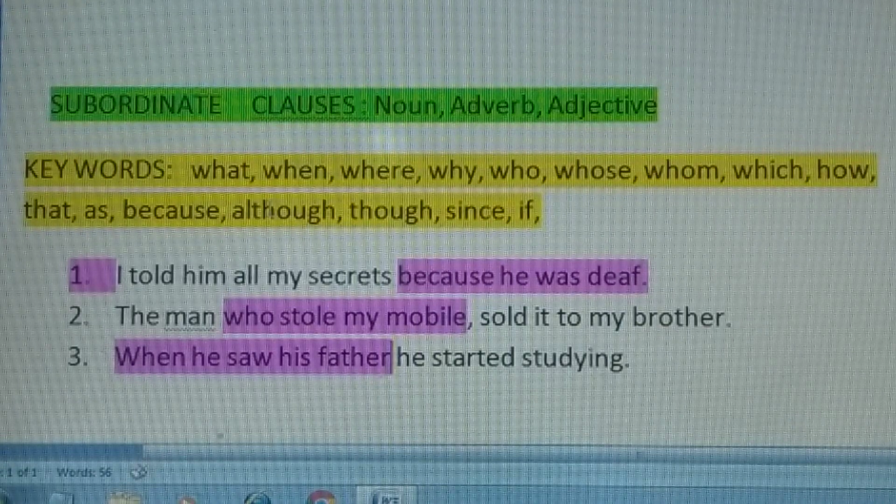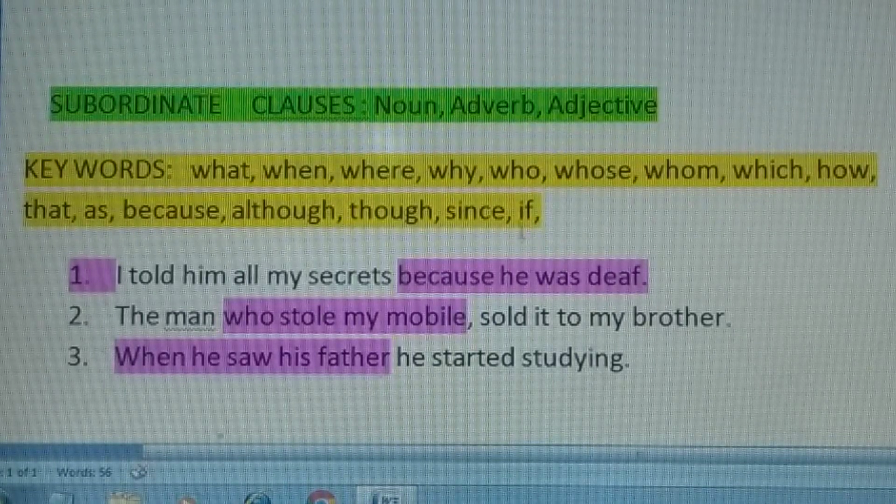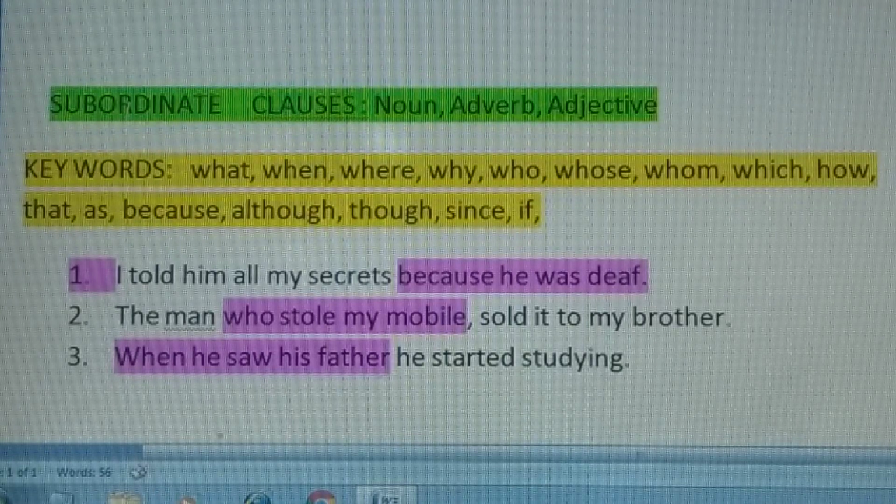You know why I gave these 3 particular examples? To bring one thing to your notice, that a subordinate clause may come after the main clause. See the first example: the main clause comes first and the subordinate clause comes after it.